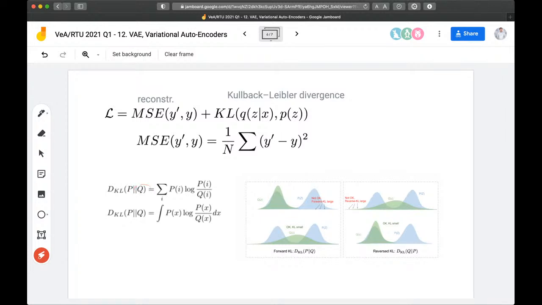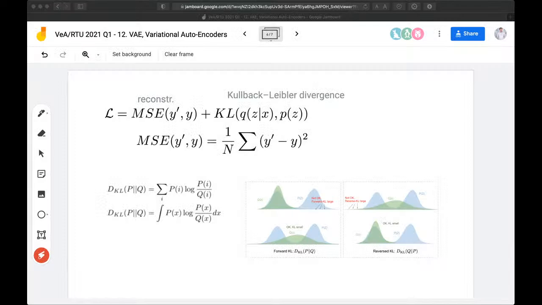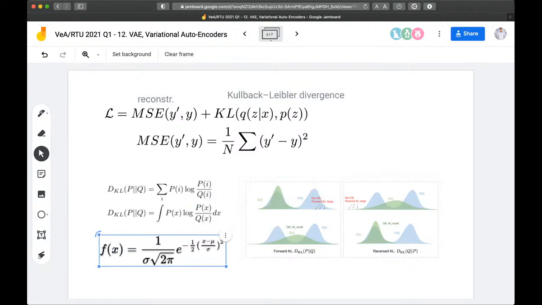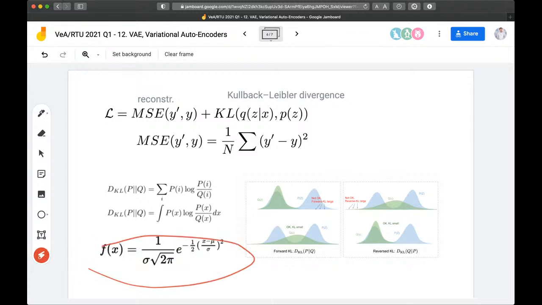Our prior means that we use some known probability distribution that we want to match. We want to force the Z vectors to always match this probability distribution and create those funny blobs.